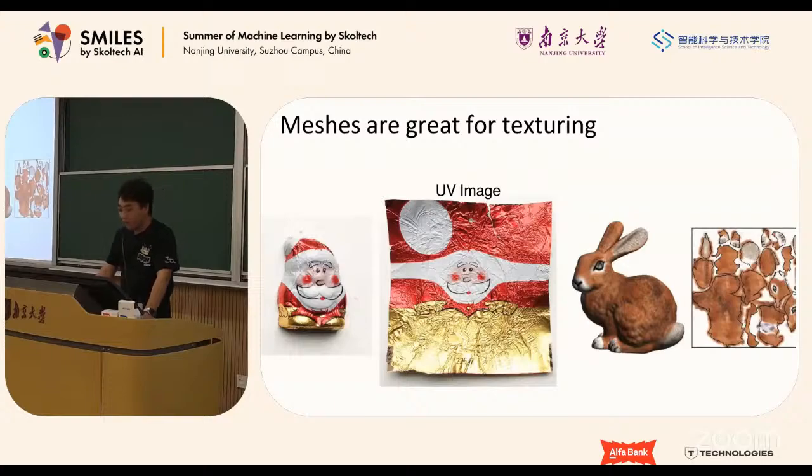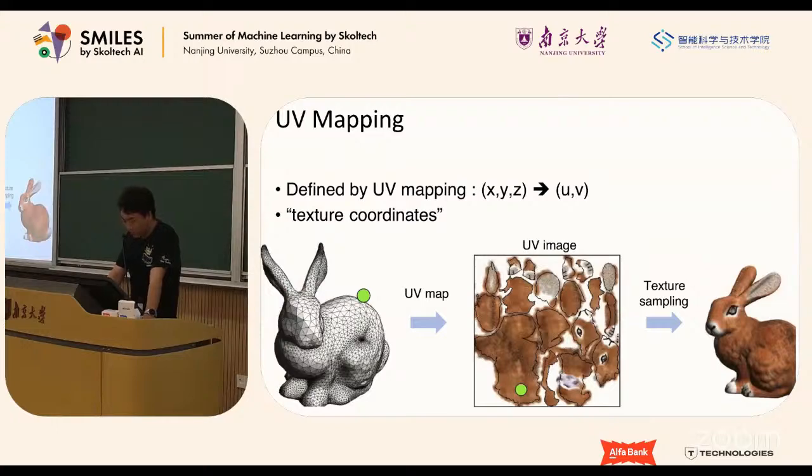So the mesh and the texture map are quite widely used in current commercial applications, especially for games. The UV mapping assigns a two-dimensional texture coordinate u and v to each location on the mesh XYZ.